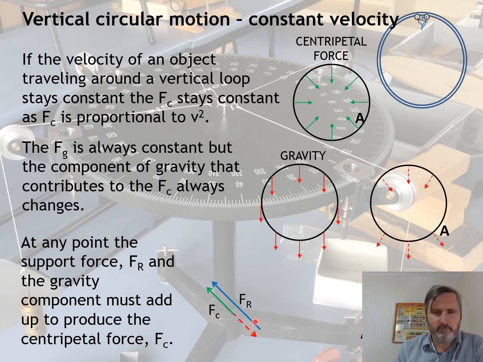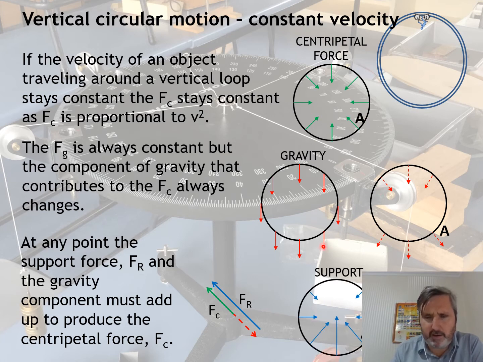If we look at this point right here, I could draw a right angle triangle with this gravity, and I can draw a component that goes parallel with the centripetal force at A and a component that goes perpendicular. It's only the component that goes parallel that contributes towards the centripetal force.